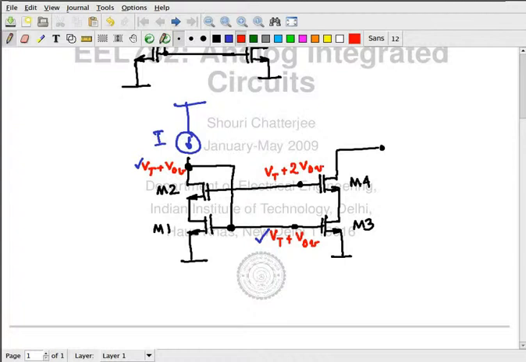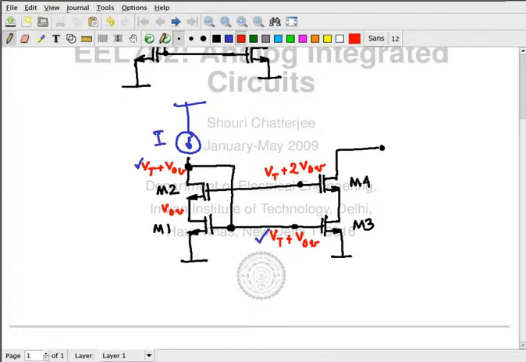So suppose I want Vt plus 2 VOV at the gate of M4. Then what do you think is going to be the voltage at the source of M2? VOV. Is that enough to keep M1 in saturation? Yes.